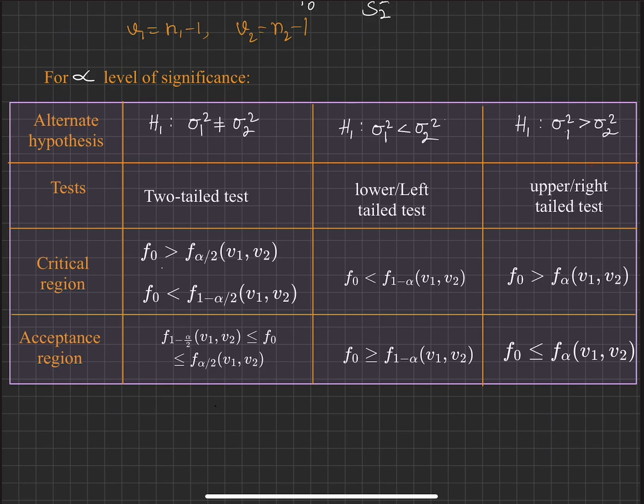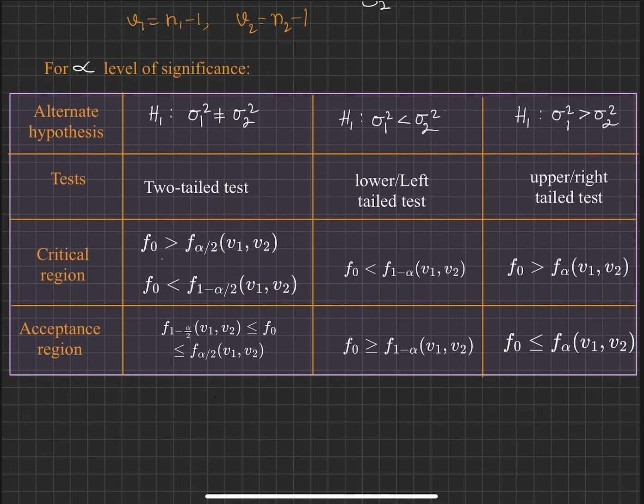Now the critical region or the rejection region in the two-tailed test will be F naught greater than F alpha by 2 of v1 comma v2, and F naught less than F 1 minus alpha by 2 of v1 comma v2.